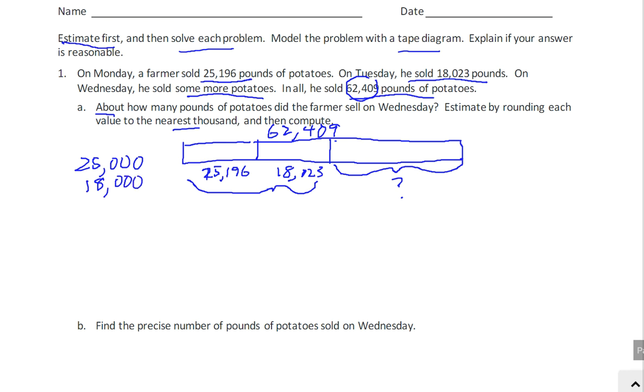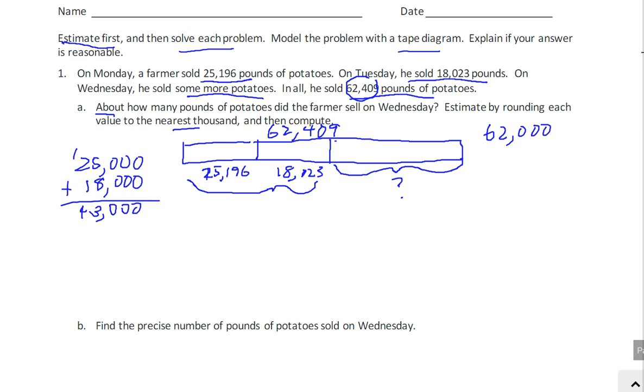If we add those two together, 8 and 5 is 13, we're going to have 43,000. So this is about 43,000. And then the amount that we start with here is 62,409. If we round that to the nearest thousand, it'll be 62,000. So 62,000. That's our top number, a big number. And the addition of the two parts of our tape here is 43,000.